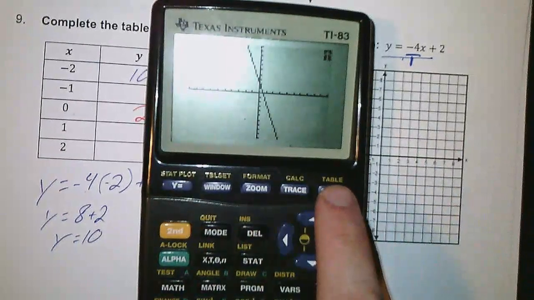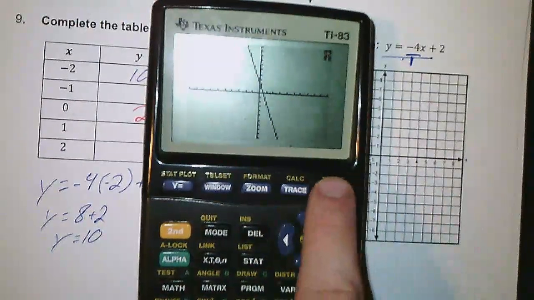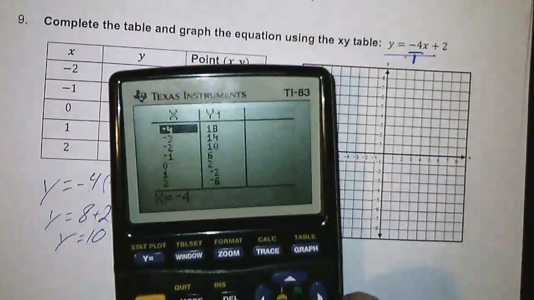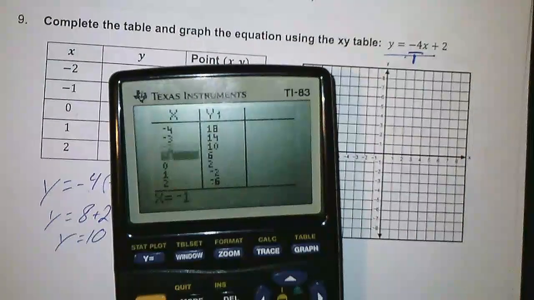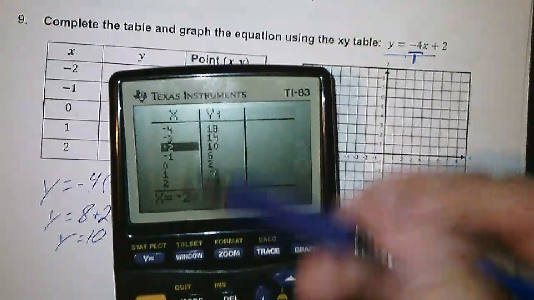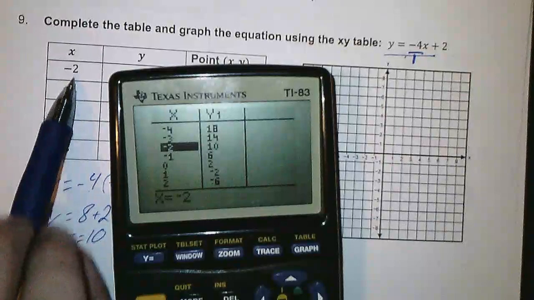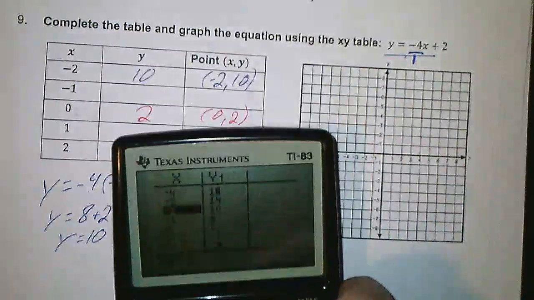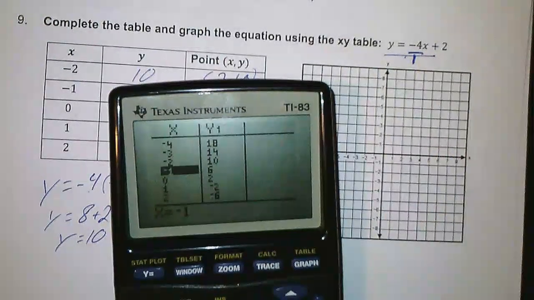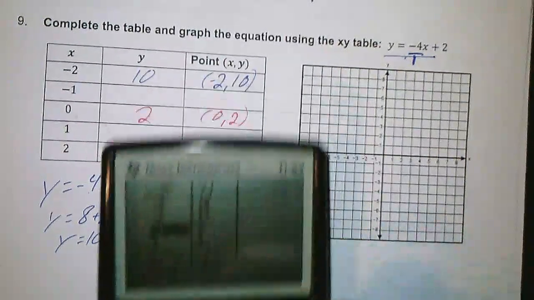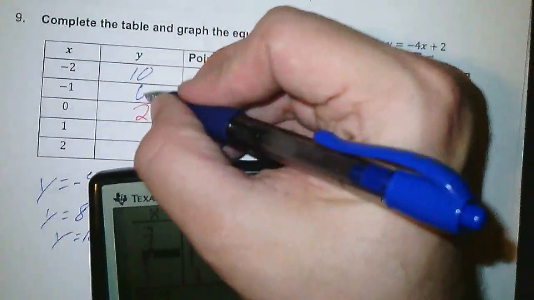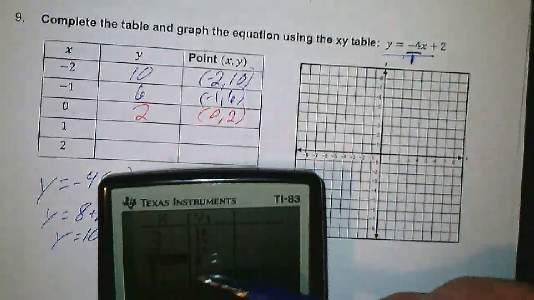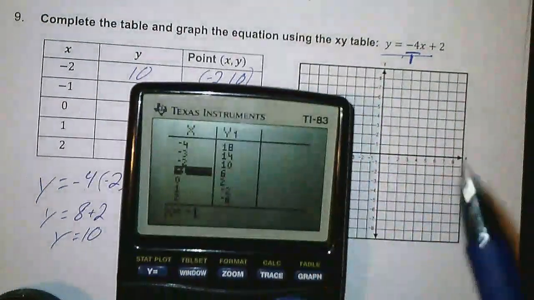But we can go to the table by hitting second graph. And we can move up and down the x column here. So when x is -2, y is 10. We found that. When x is -1, y is 6. So we can write that down. When x is 0, y is 2.